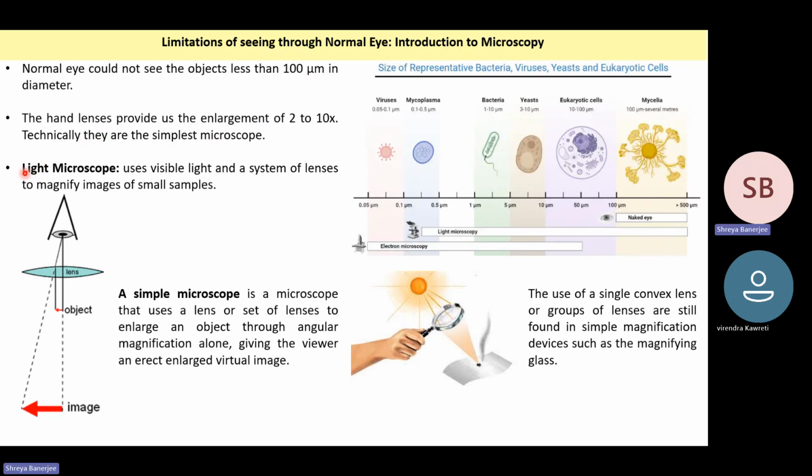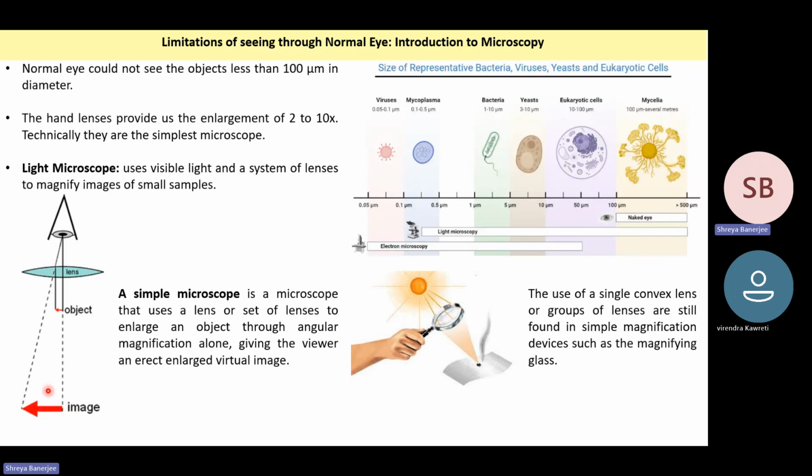And then you have the common light microscope, which basically uses visible light and a system of lenses to magnify the images of small samples. So imagine you have an object here. You have one ray that passes through the lens undeviated and reaches the eye, and another which passes through the lens and gets refracted. And when you draw these rays back, they meet at a point where you get the virtual image of the object.